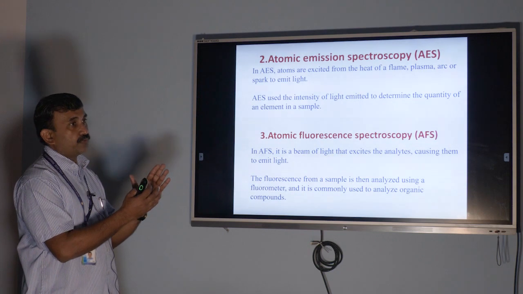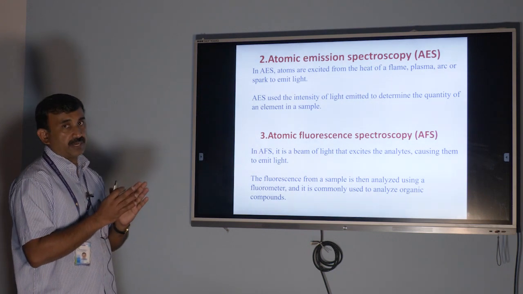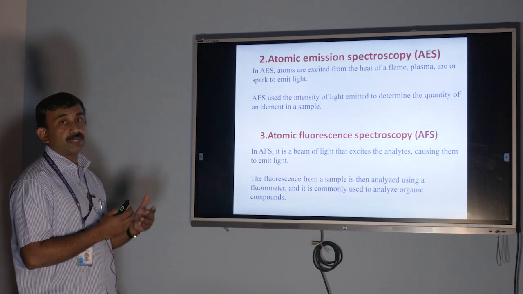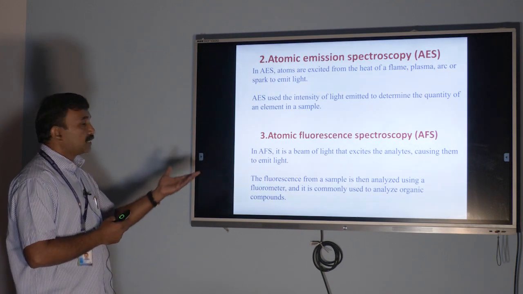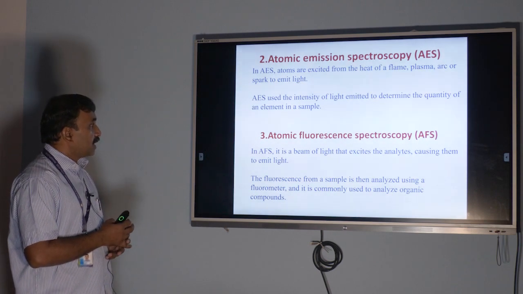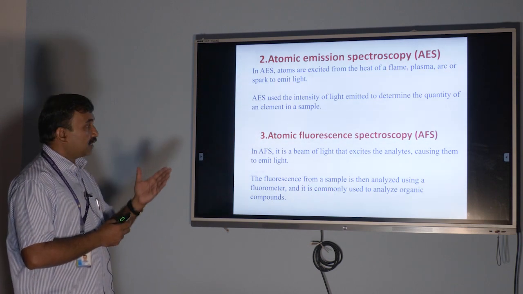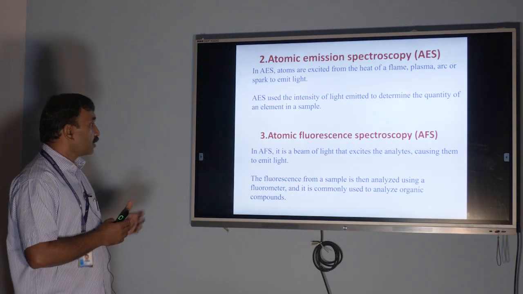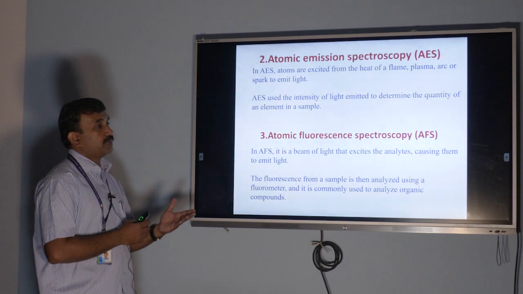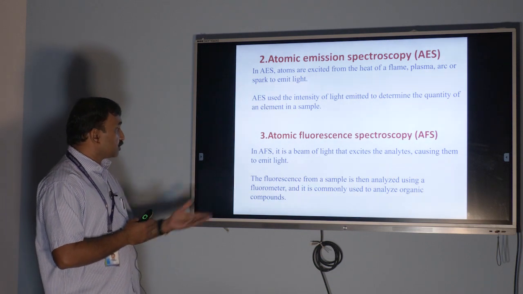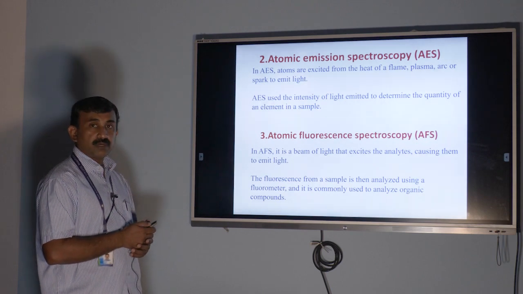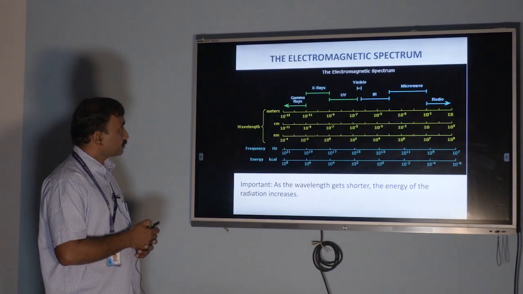So, the quantity of light emitted is measured to calculate the quantity of element present in the sample. The third one is atomic fluorescence spectroscopy. A beam of light excites the analytes present in the sample, causing them to emit light. Fluorescence from the sample is then analyzed using a fluorometer, and it is commonly used to analyze organic compounds.